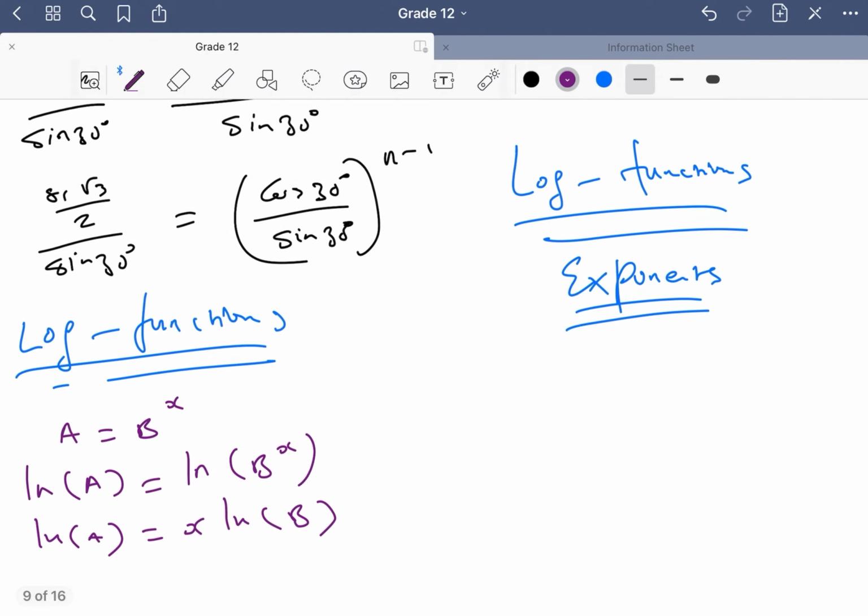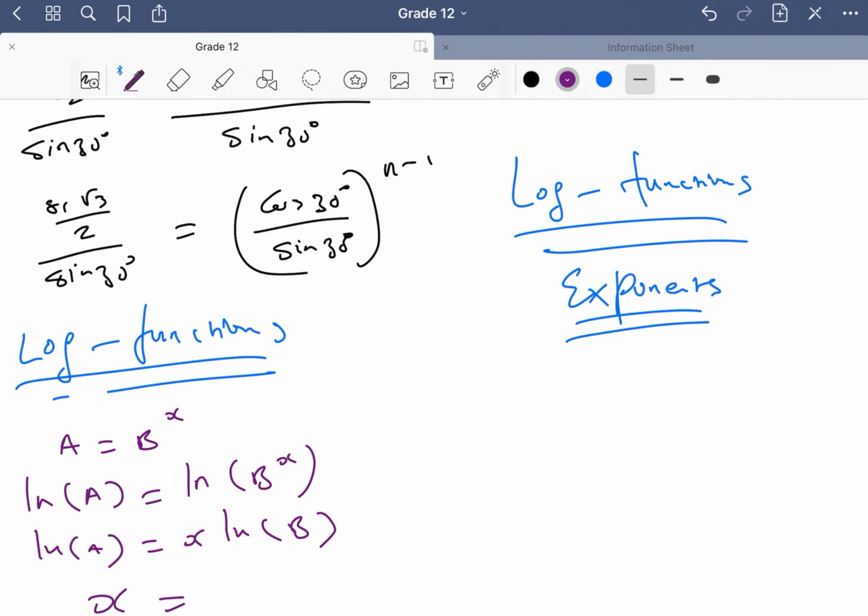Then because you're solving for x, you can divide by ln b on both sides, so you have x equal to ln a over ln b. So that's exactly what we're going to be doing here. We have this left hand side and this right hand side, so you can just introduce the natural log on both sides.